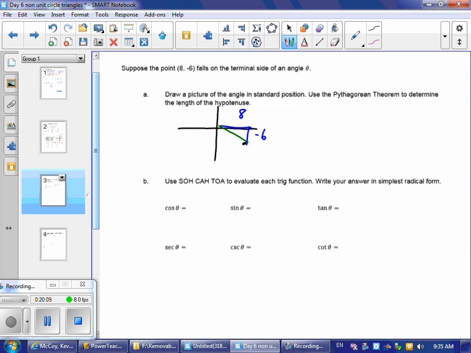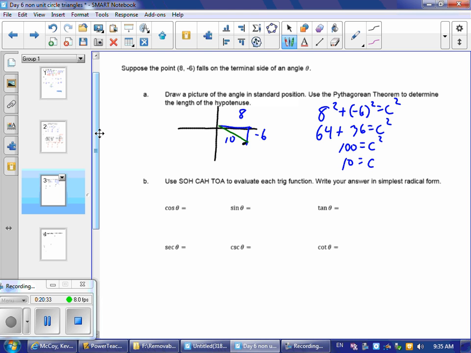Once again, if you use the Pythagorean theorem, 8 squared is 64, -6 squared is 36. Adding those together, you get 100. So that makes c 10.